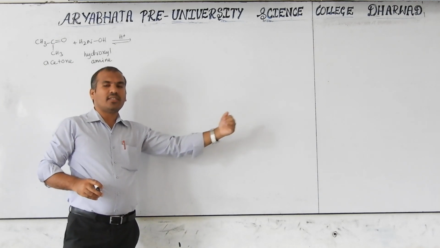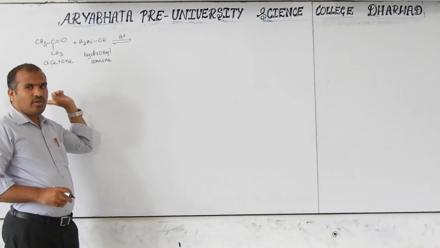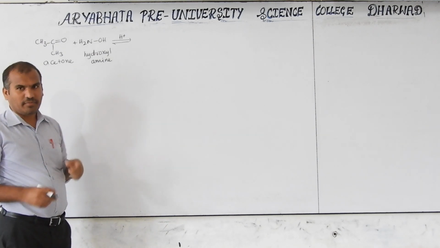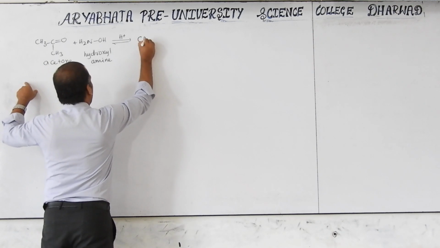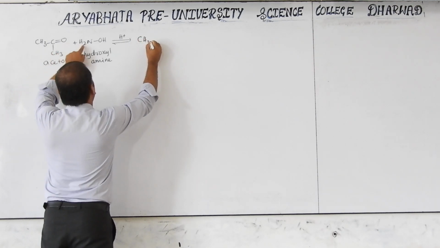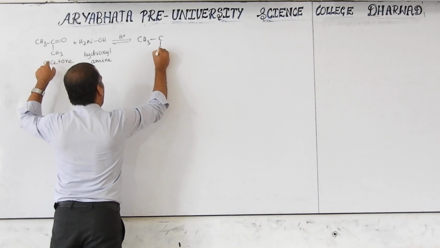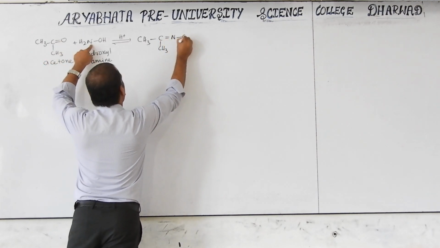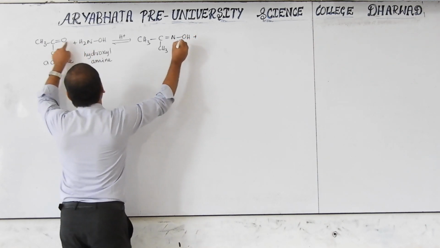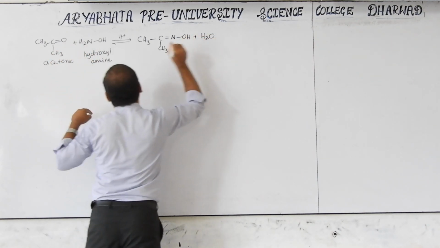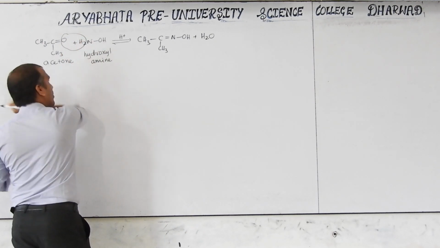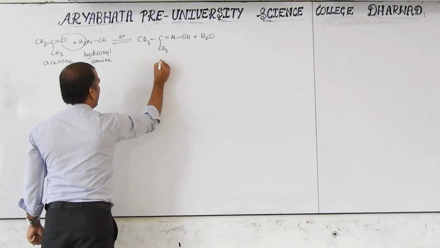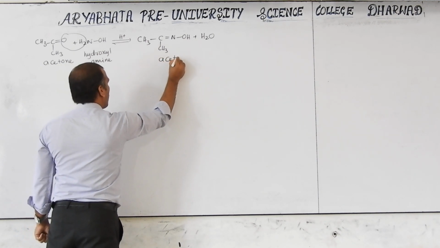Aldehyde is converted to aldoxime, ketone is converted to ketoxime. Which ketone is this? Acetone, so acetoxime. Once again, CH3, CH3 double bond NOH plus H2O, a water molecule lost. This is water molecule loss. This acetone plus hydroxylamine product is called acetoxime.